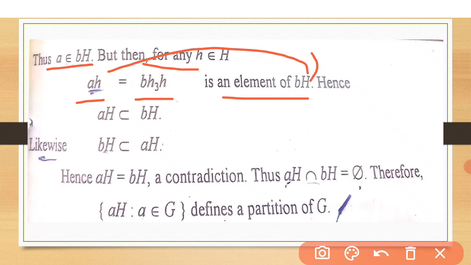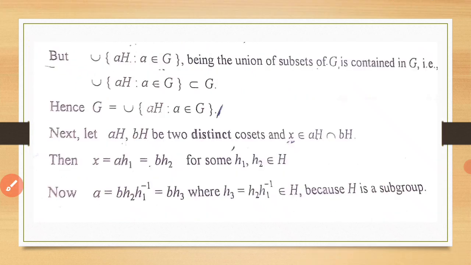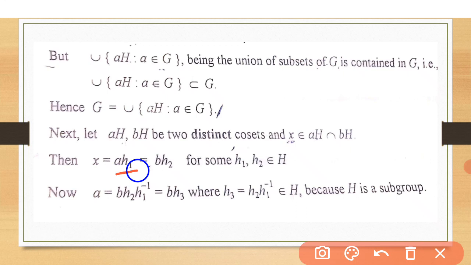But here we said that A h1 belongs to AH and B h2 belongs to BH. These are separate cosets.